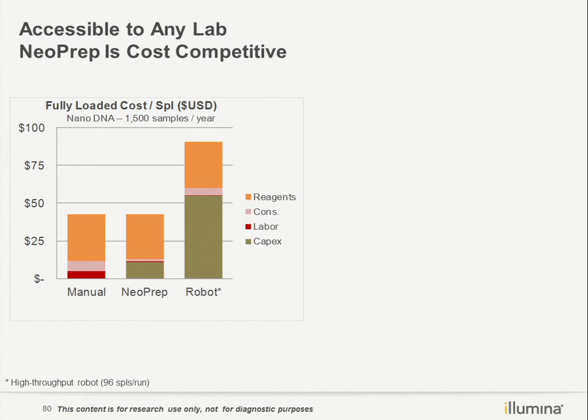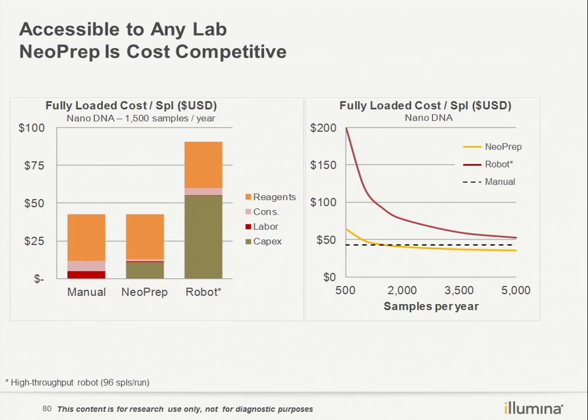Finally, a last concern may be the cost. This table tells you that if you select NeoPrep, the capital instrument expense may be a bit higher, but in the long run, the reagent, labor, and consumable costs will be a bit lower. But if you select the robotic machine, the capital expense is really huge.